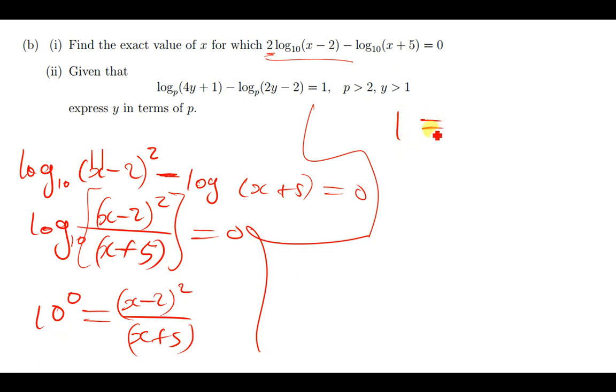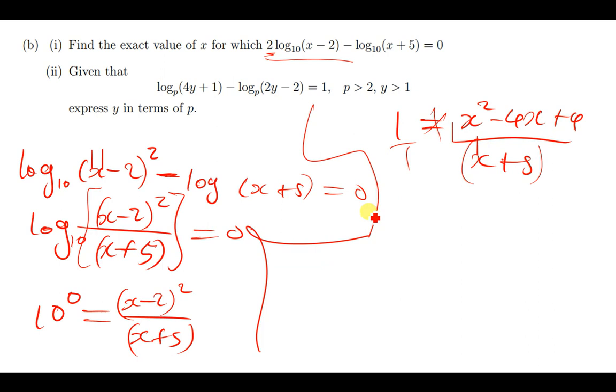So 1 is equal to (x minus 2) squared, which when we simplify gives us x squared minus 4x plus 4, everything divided by x plus 5. When we cross multiply, we get x squared minus 4x plus 4 is equal to x plus 5.